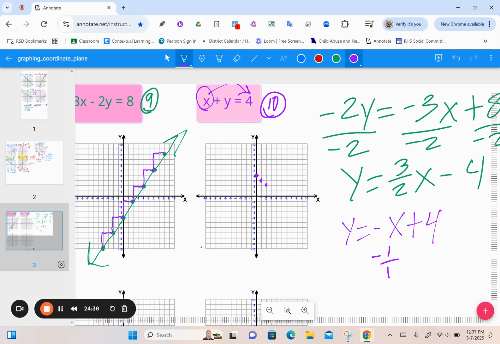Y equals negative x or y equals x is just a diagonal. So to get my dots quicker, I just go along the diagonal from one diagonally down to the next one, diagonally down, or diagonally up. And that would be my line that I would want to draw, preferably with a ruler. That's okay. All right.